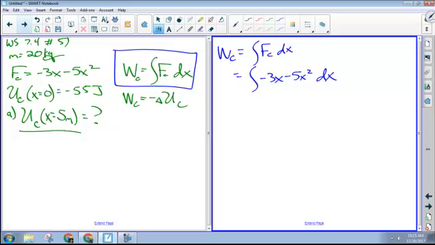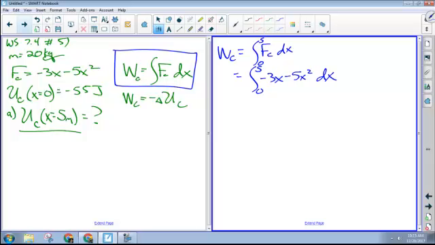All right? And really what I want to do is I want to figure out how much work is done between these 2 x values, right? Between 0 and 5, right? So since I'm integrating with respect to x, I'm going to put x equals 0 here and x equals 5 up here. Does that make sense or no?